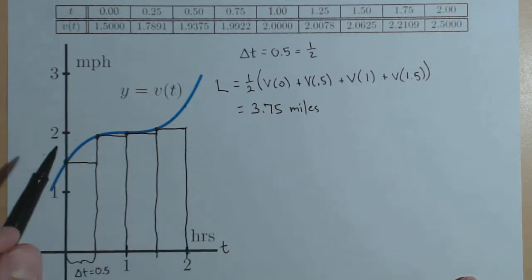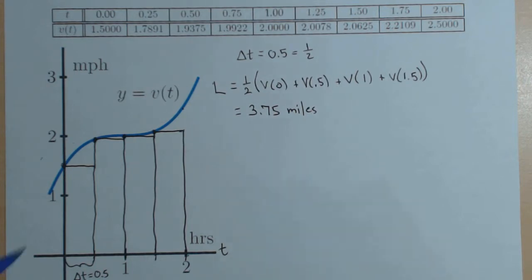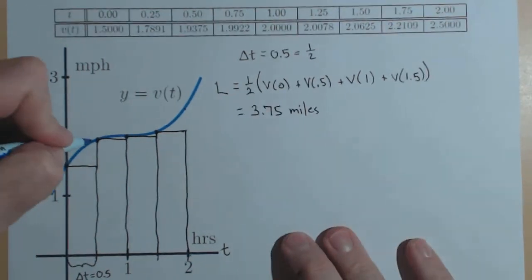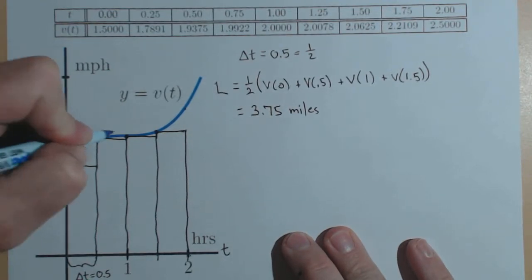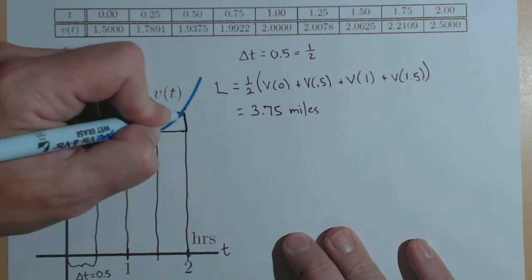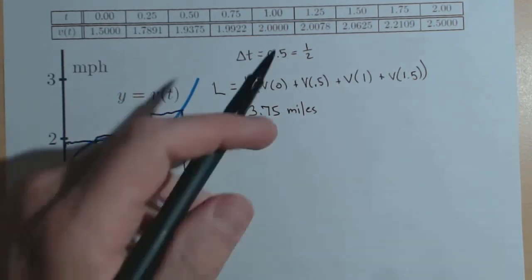Now again, we could have used a right-hand rule, and just to show you what that would look like, I'm not going to do the calculations in this particular video, but the tops of our rectangles would have gone the other way. So they would have looked like this. That would have been what's called a right-hand rule.